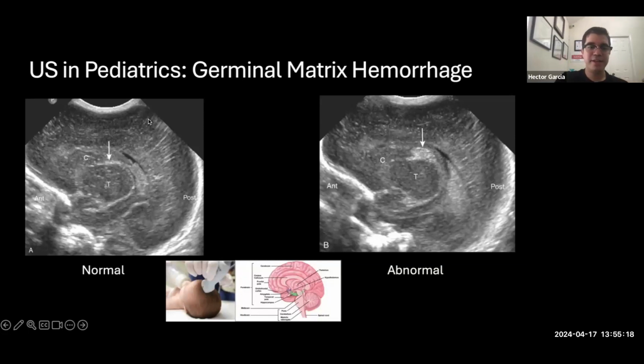And the way we see it, this is normal, what it should look like. This is the caudate, C for caudate nucleus, and T for thalamus. And this is the germinal matrix. When there is hemorrhage in a preemie baby, then you get this white echogenic or hyperechoic region.